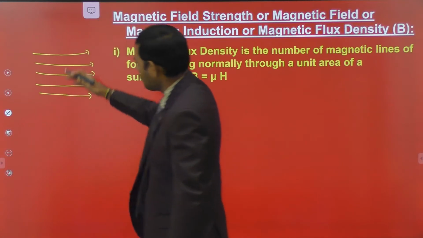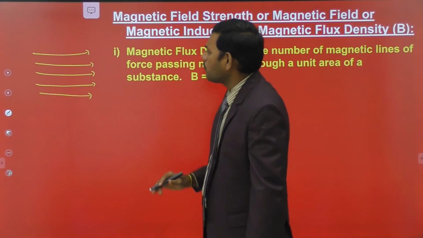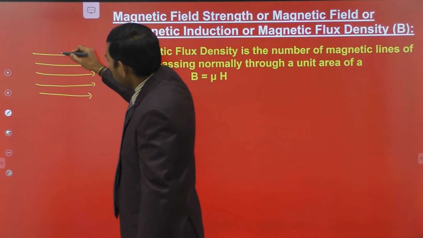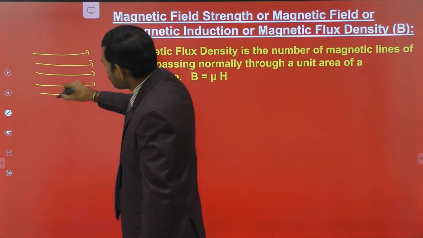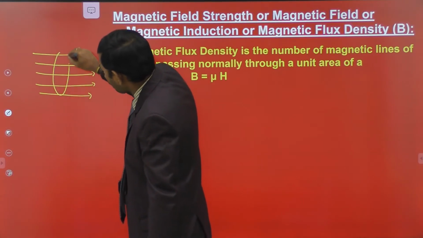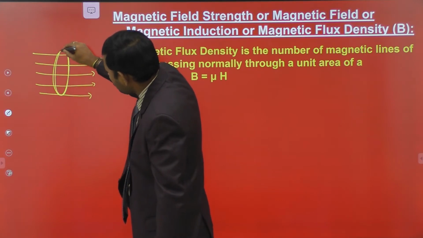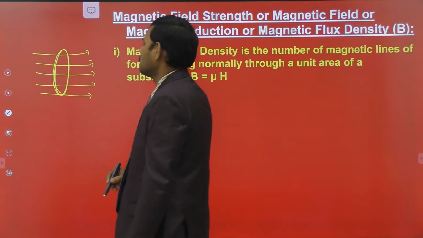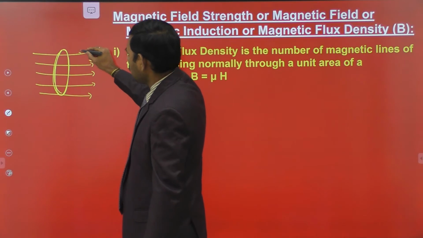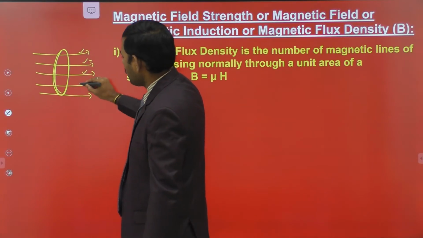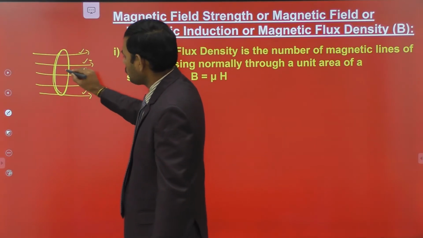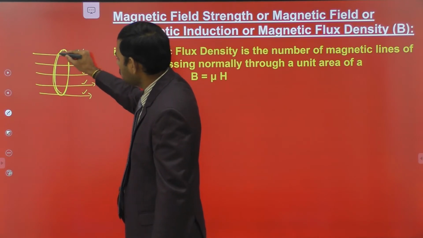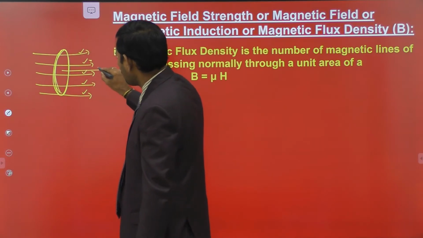Let this be a region in which there is a uniform magnetic field. If you consider one element having a certain area of cross section, this is the element considered, and through this element these are the magnetic lines of force passing normal to the surface, this is the surface, so this is the normal direction.